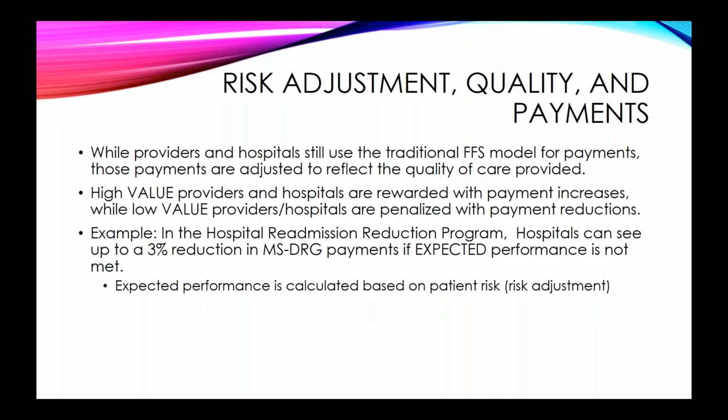Risk adjustment really plays into the expected performance, and that's how risk adjustment will impact your O to E. You're trying to show how sick that patient is so you can know, am I going to expect this patient to pass away, or do I expect this patient to have a complication, or do I expect this patient to come back to the hospital for a readmission?